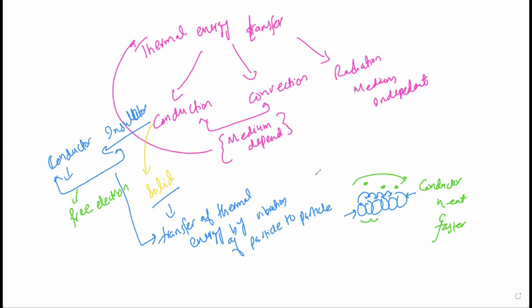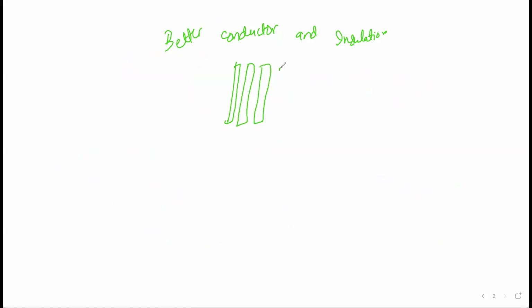And then there is this experiment normally that we discuss, and that is, okay, how can we find out which is a better conductor and insulator? So we would take rods of equal length and diameter of different materials. We would attach wax to each rod and we'll start heating it from the same end.